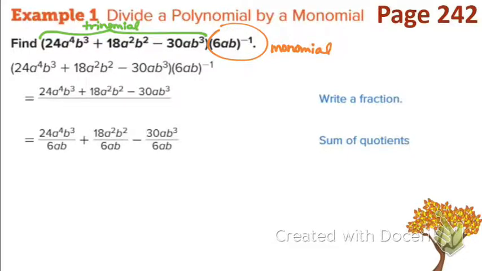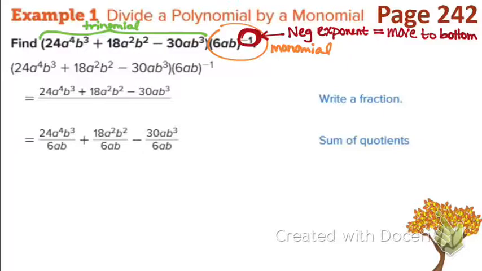Do you see that -1 where the exponent belongs? That means put it on the bottom of the fraction. Negative exponent equals move to the bottom of a fraction.